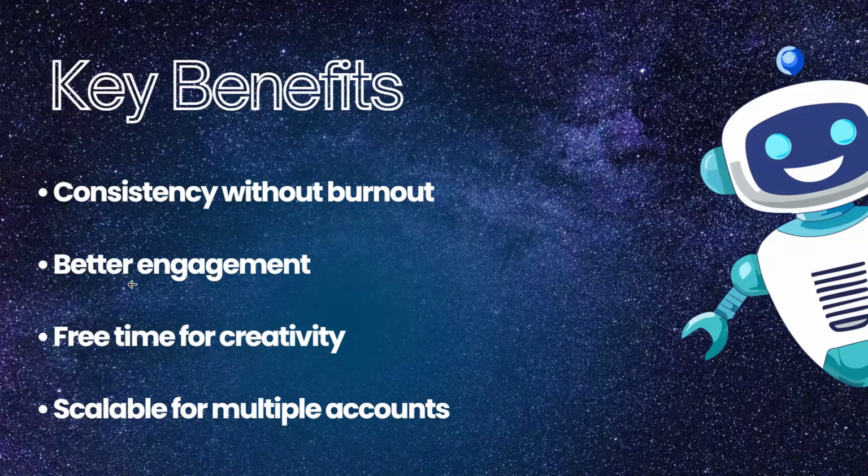Free time for creativity: you can use that time to spend on other things. To generate 7 days of content requires only 30 minutes, so the rest of the day you can spend on other things to do.